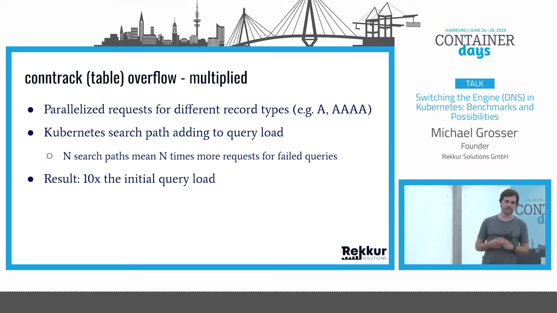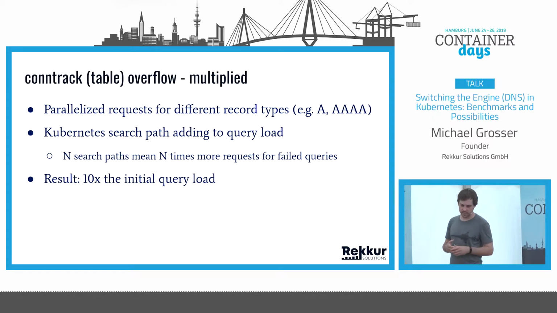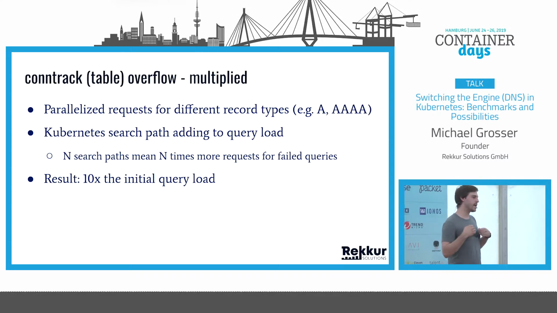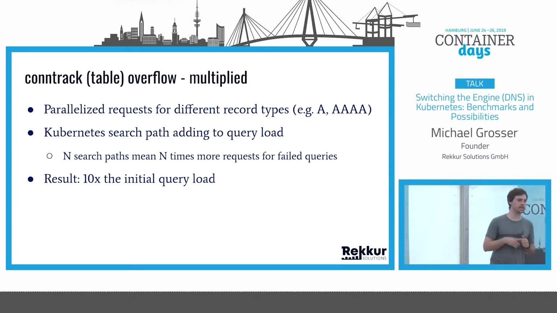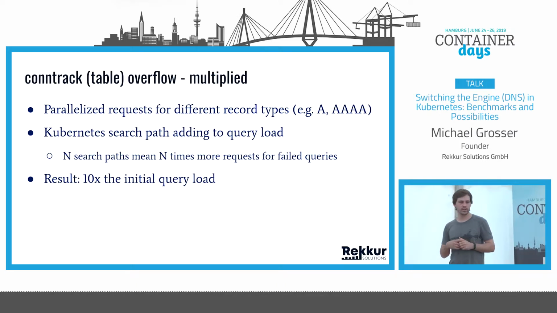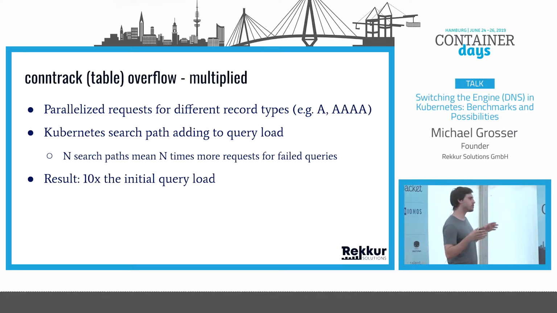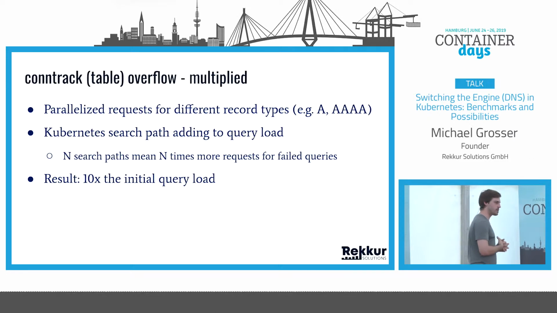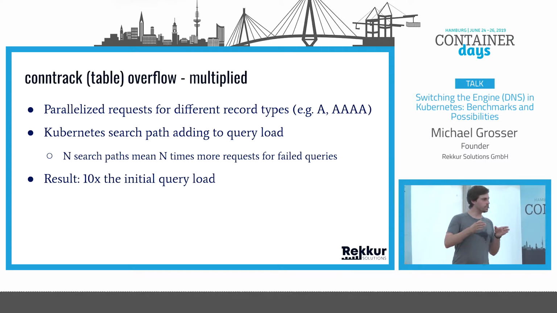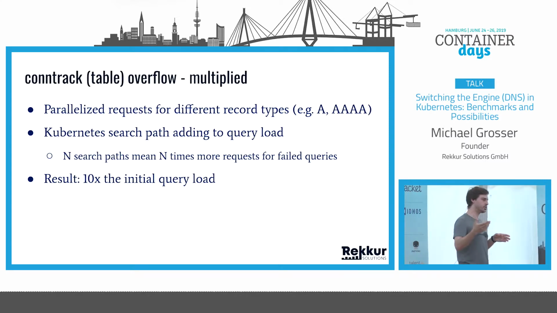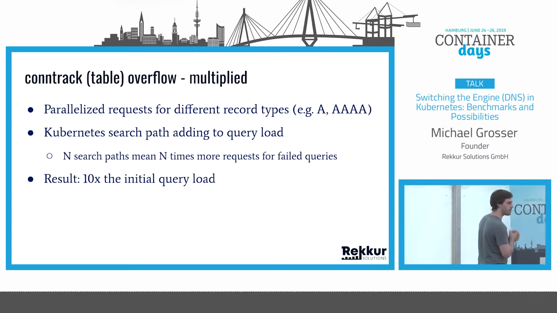It does that in two ways. One is mostly application specific, because usually an A and AAAA record is requested. So instead of one DNS query, you already have two. And now you run into the Kubernetes search path. The search path is basically the local resolver trying to guess local and then going up to the absolute DNS name.